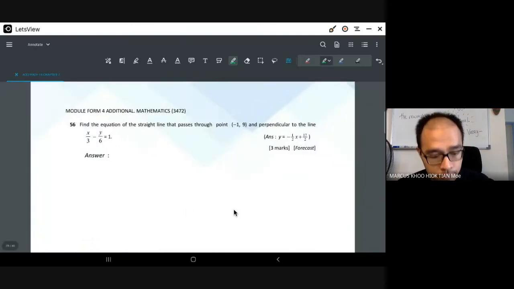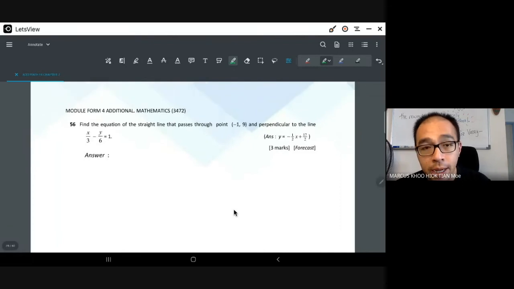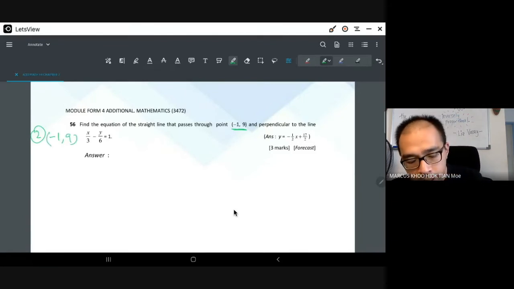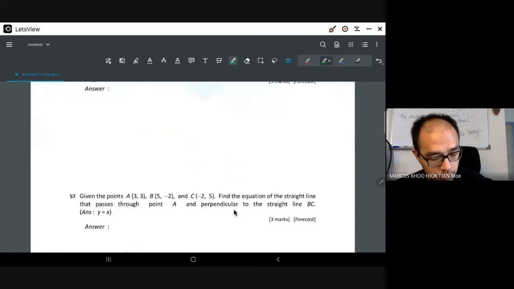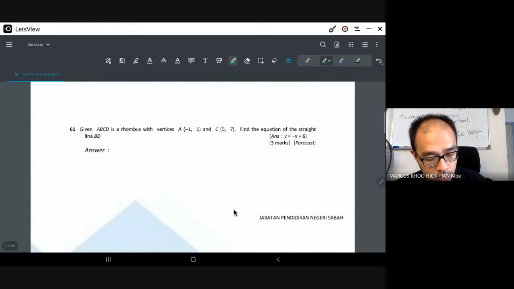Let's take a look at this. Find the equation of the straight line that passes through the point negative 1, 9. Passes through is given, so number 2 is settled: negative 1 and 9. But it is perpendicular to this line.